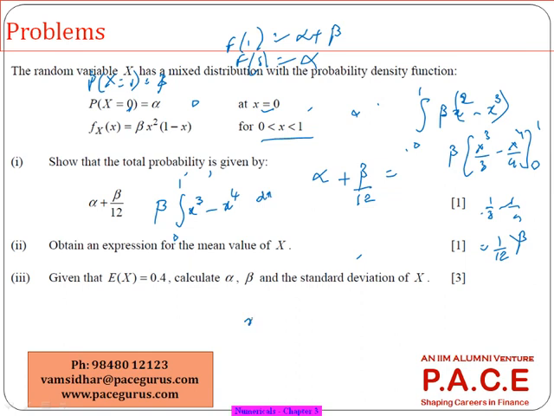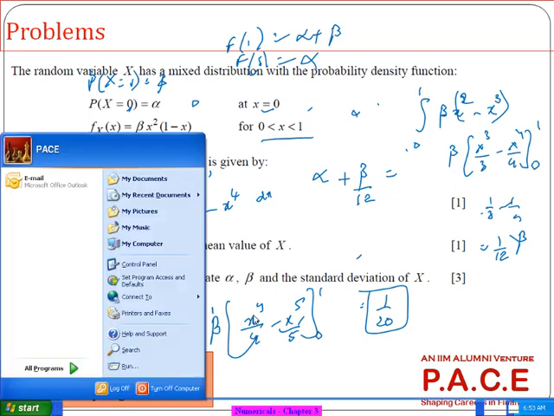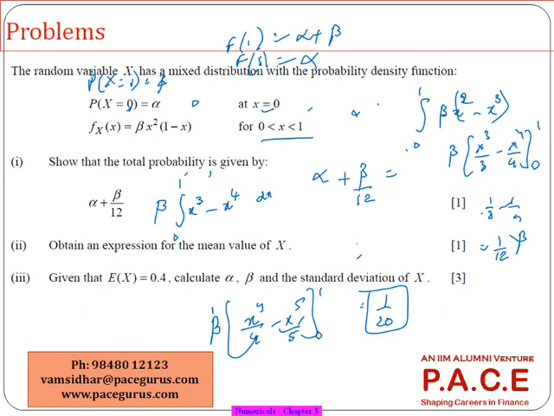So it is becoming x power 4 by 4 minus x power 5 by 5, integrated between 0 and 1, which is giving me 1 by 20. The expected value is 1 by 4 minus 1 by 5, into beta. So it is beta by 20. Beta by 20 is the mean.